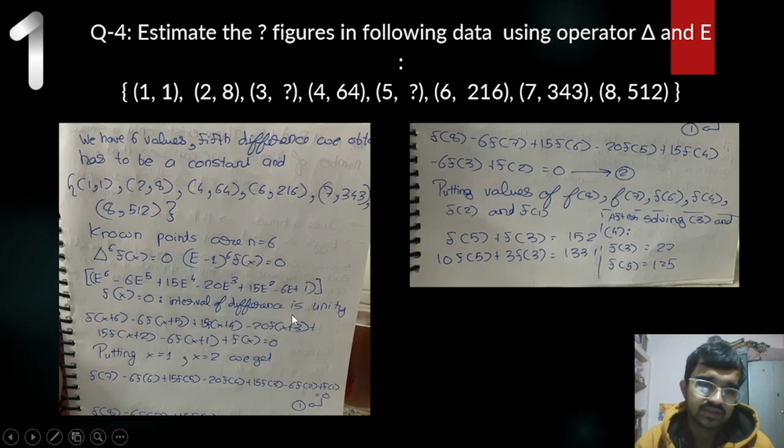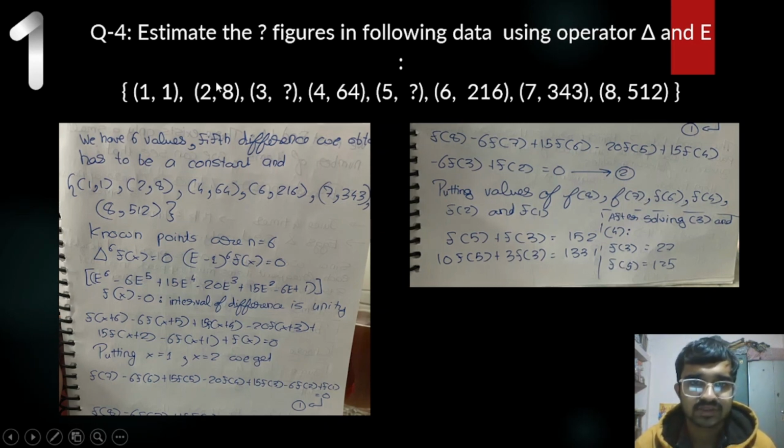We can calculate the interval of difference, and we find that the interval of difference is unity, that is, increasing by 1, 1, 2, 3, we can see clearly. That's why we have put fx equals 0. Then, just putting the values in our formula, we got our answer, that is, f3 will be 27 and f5 will be 125.